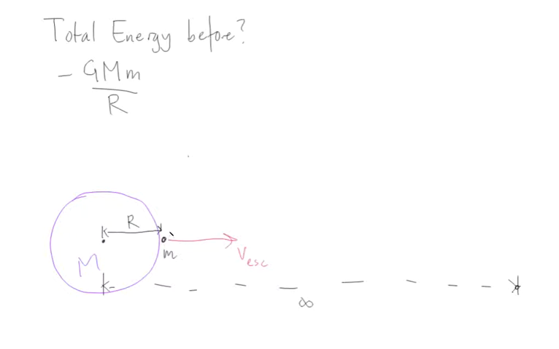That's the gravitational potential energy at this point, bringing this mass little m from infinity to a point r from the center of mass of big M. And then it also has a velocity, so it therefore has a kinetic energy, and if it's got an escape velocity v escape, then the kinetic energy of this projectile will be half m v escape squared.